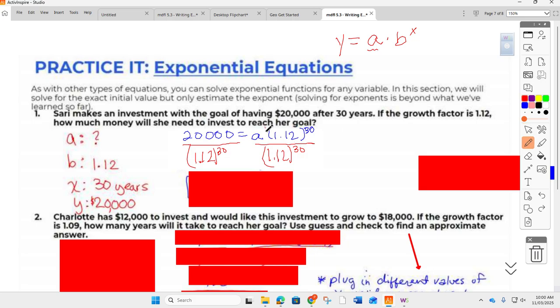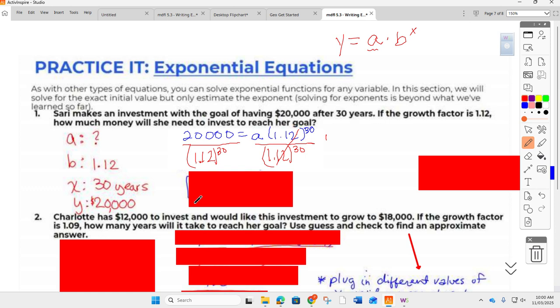So even though it's kind of ugly, anything divided by itself is 1. So if we divide by 1.12 raised to the 30th power, that right side would be 1A. Here we can do 20,000 divided by 1.12 to the 30th power.